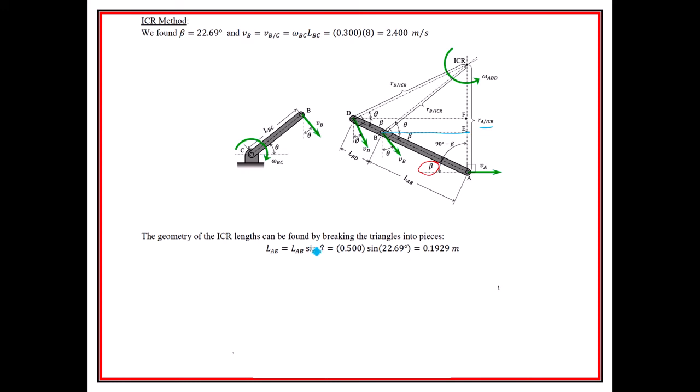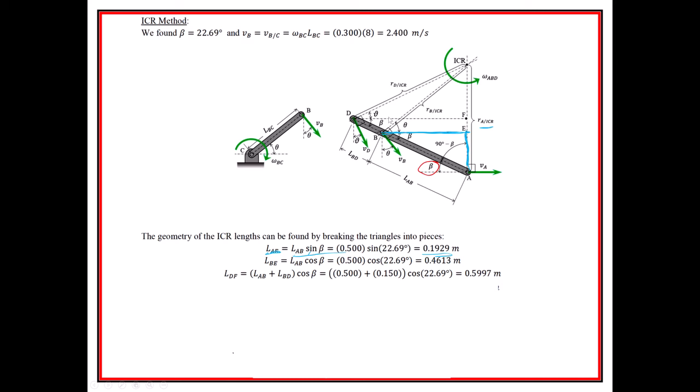I found the segment LAE, right? I found this guy right here from this. So I got this dimension part of it right here, and then I was able to find LBE right here. I was able to find this dimension right in here from the cosine, and then I was able to find DF.